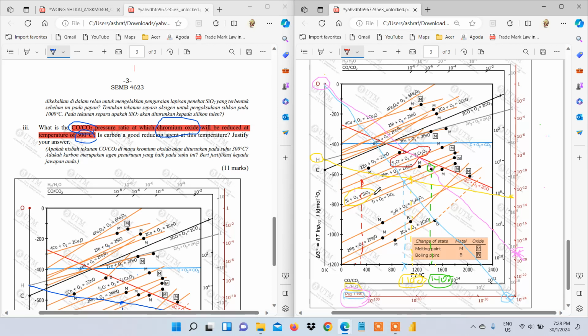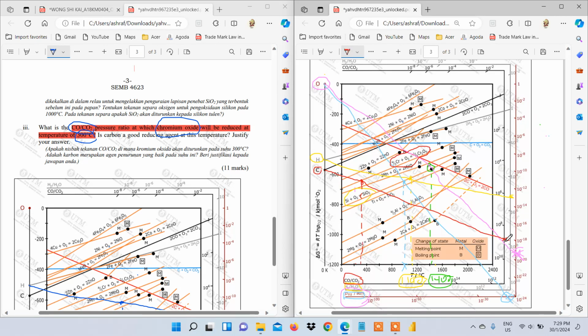Then for the CO over CO2 ratio, we see from the left side it is the C right here, and also on the right side is the axis here, CO over CO2. With the same step, we drag the line through this point at 300 degrees Celsius, and then drag until we meet the CO over CO2 axis.